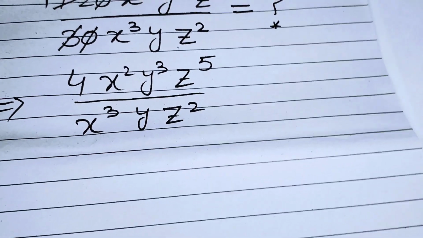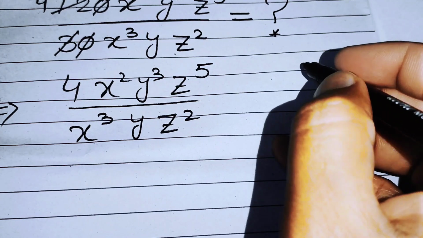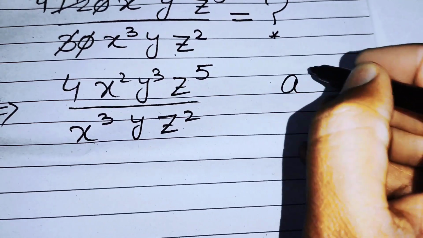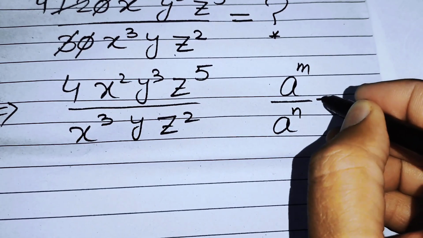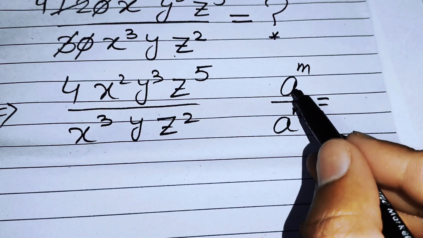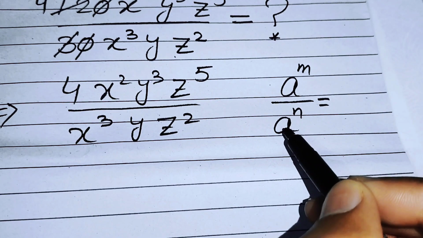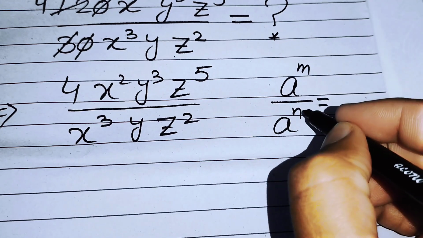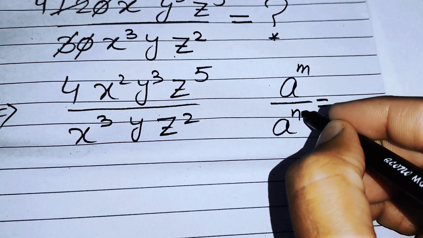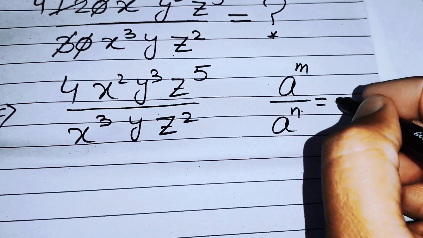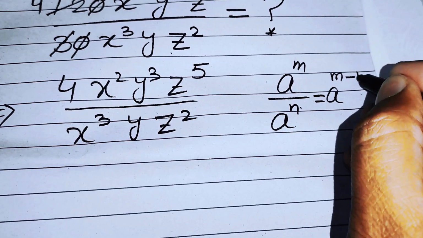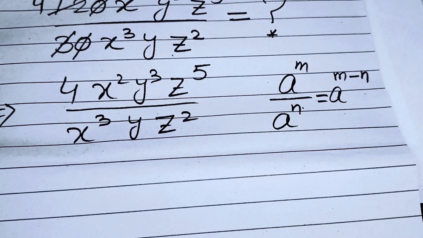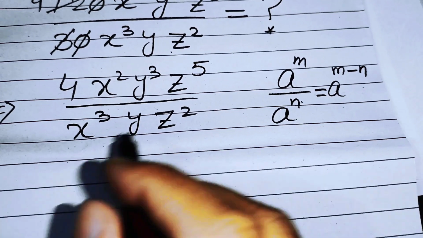After that we will apply the famous exponent law. You know that if we have a to the power of m over a to the power of n, if the bases in the numerator and denominator are the same, then the exponent of the denominator is subtracted from the numerator, and it can be written in this form: a to the power of m minus n.